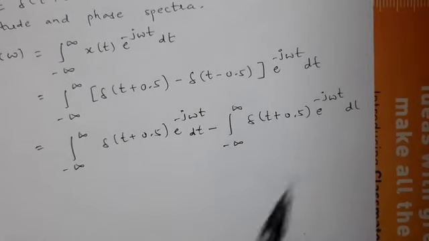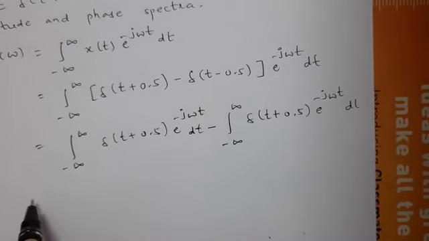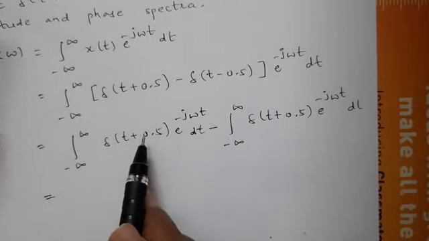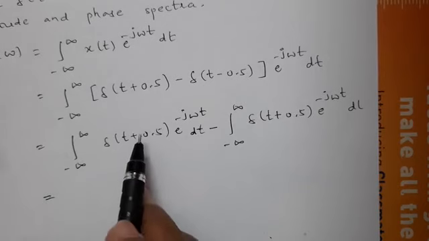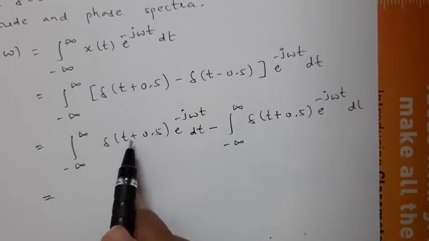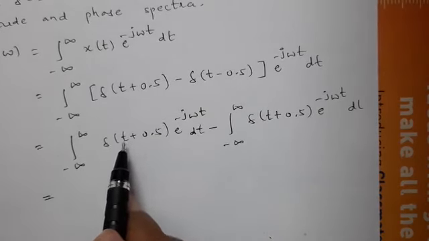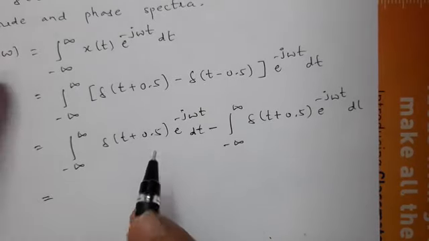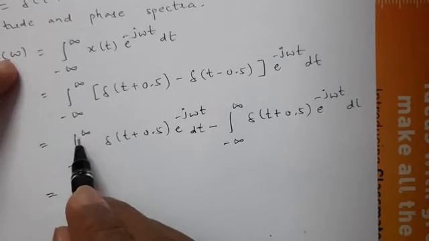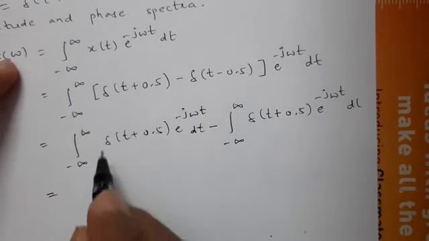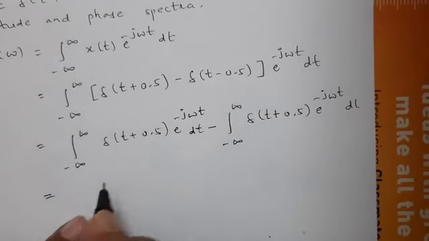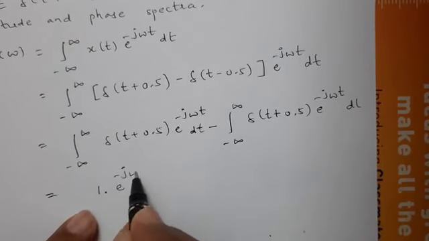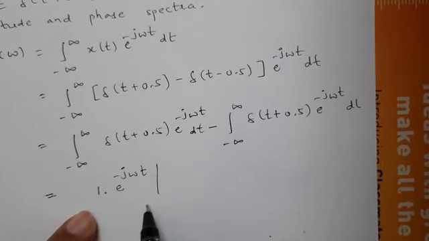Which gives you, as you know that δ is an impulse function, which exists only at this value, δ(t) at t equal to 0, or δ(t + 0.5) at t + 0.5 equal to 0. So from minus infinity to plus infinity there is no need to integrate it. So this value exists, which is 1 into e^(-jωt) at what value of t?